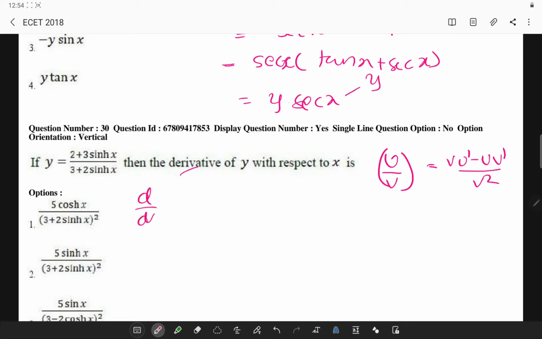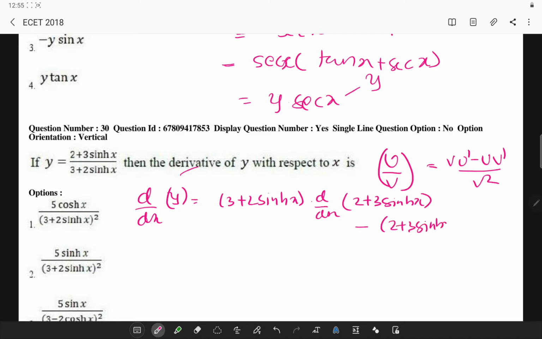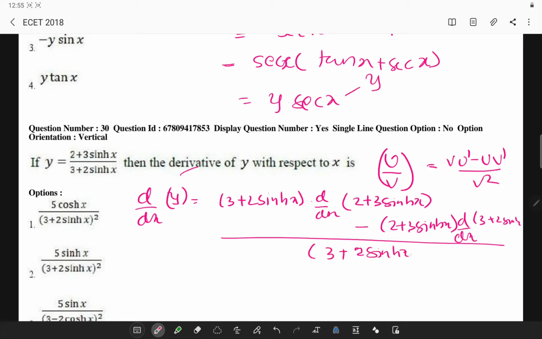So d by dx of y is nothing but (3 plus 2 sinh x) into d by dx of (2 plus 3 sinh x), minus (2 plus 3 sinh x) into d by dx of (3 plus 2 sinh x), whole divided by (3 plus 2 sinh x) whole square.